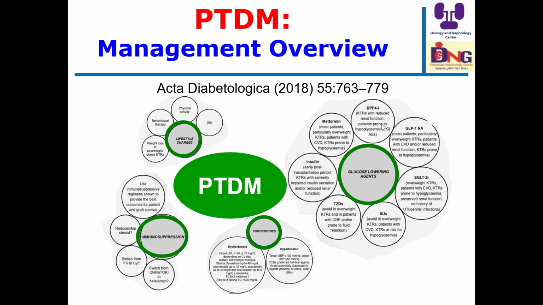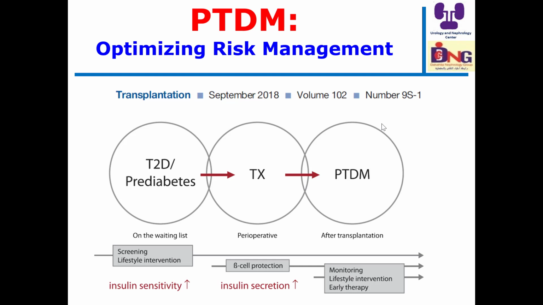Lifestyle modifications are of paramount importance, including a low calorie diet, physical activity, behavioral therapy, and targeting weight loss in obese and overweight patients. So this is the map of management of diabetes at a glance. Diabetes management means being holistic and treating the patient overall.